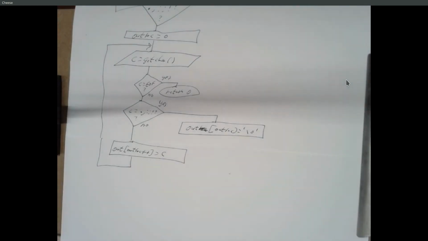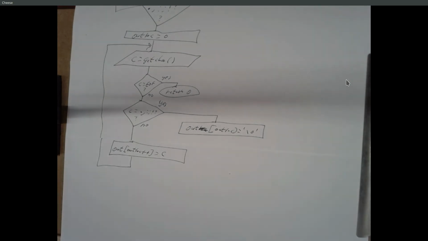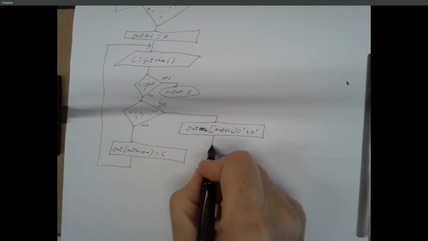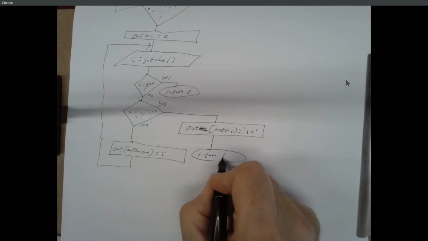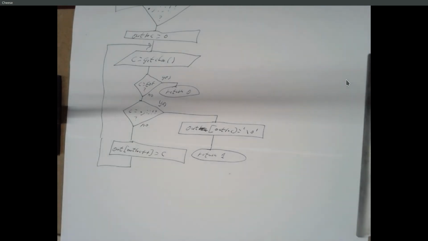Just throw on a null terminator at location outloc. And then let's just return 1. We'll take the return value from this to say 0 means we hit end of file, 1 means we found the end of a phrase, and that phrase is stored in this output variable.